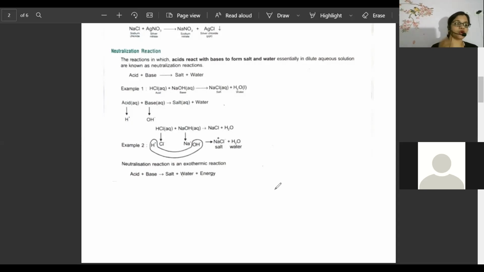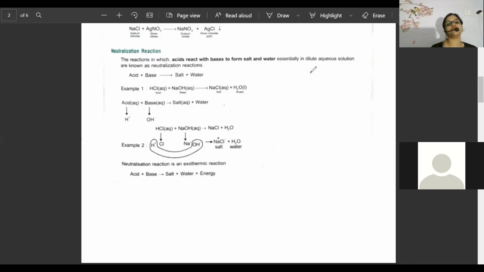Neutralization reaction is a very, very important reaction. If someone asks you what type of reaction neutralization is, your answer is that it is an exothermic reaction. Exothermic reaction means that in this neutralization reaction, heat will be released.